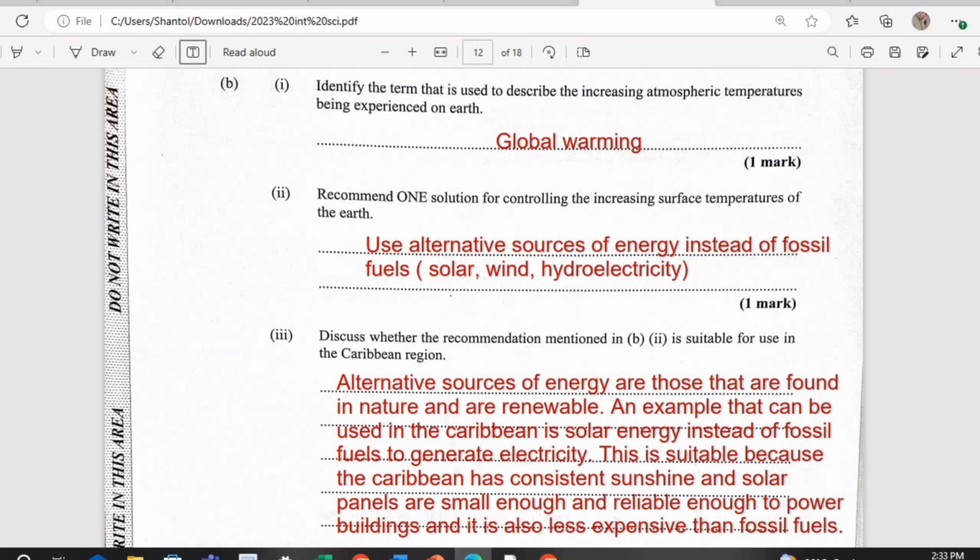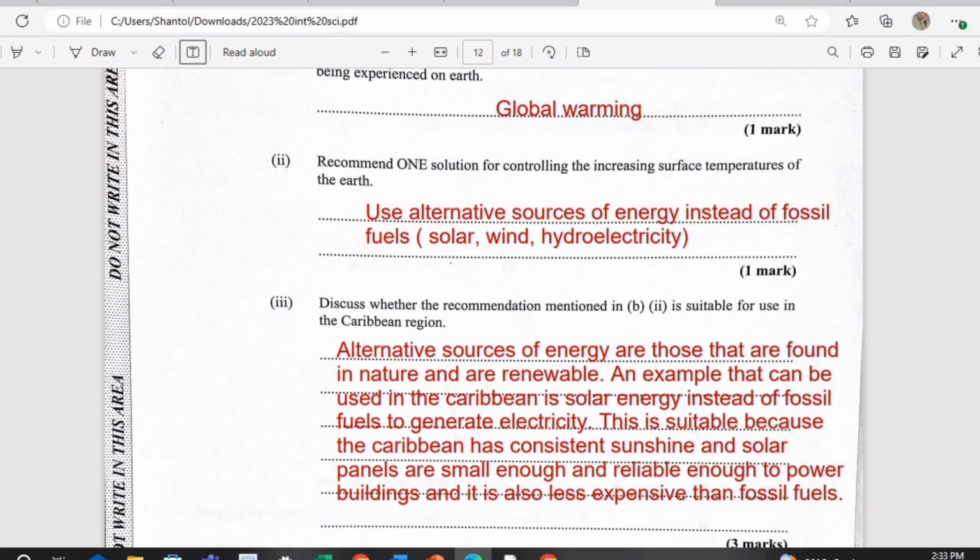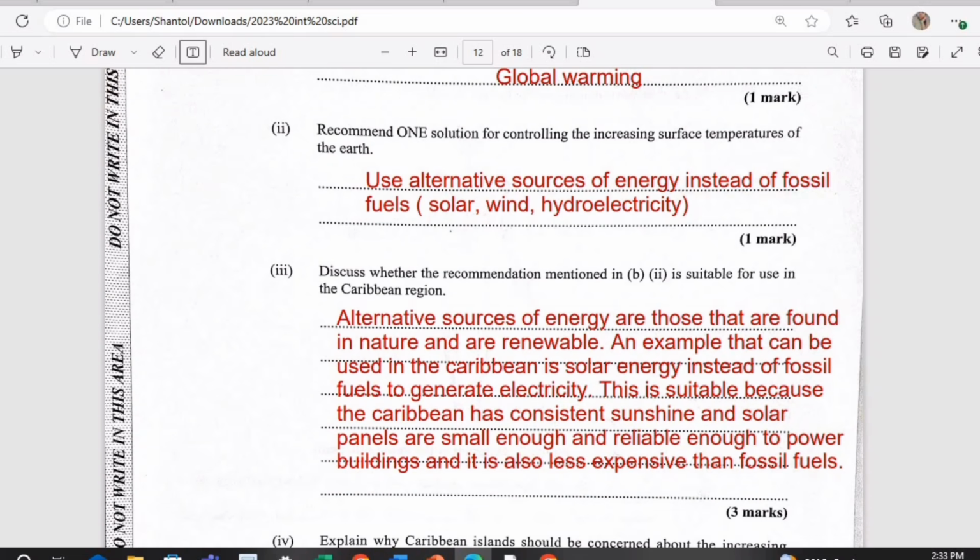If you spoke about hydroelectricity, you talk about the fact that we have some large rivers, the power from those running streams and waterfalls can help to turn turbines, because in the Caribbean we do have large water bodies in some islands, not all but some. So if you mention anything along those lines, guys, you should have gotten your 3 marks.